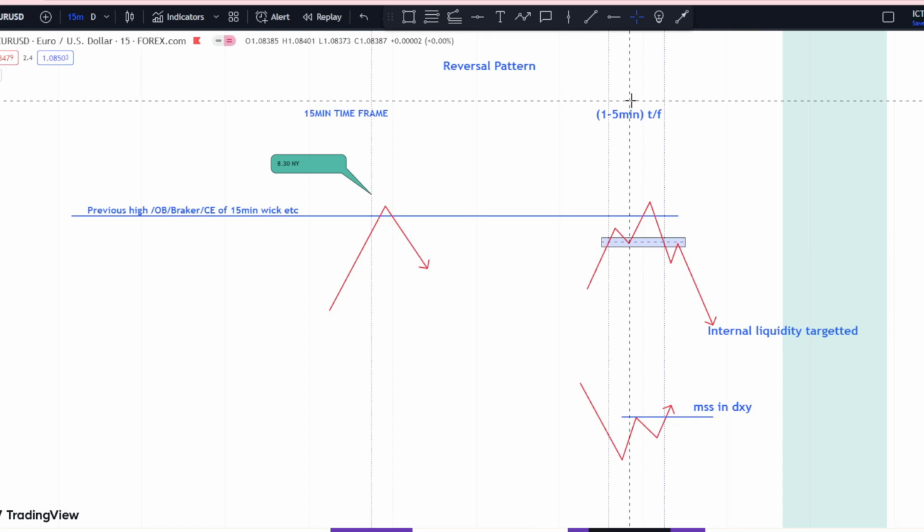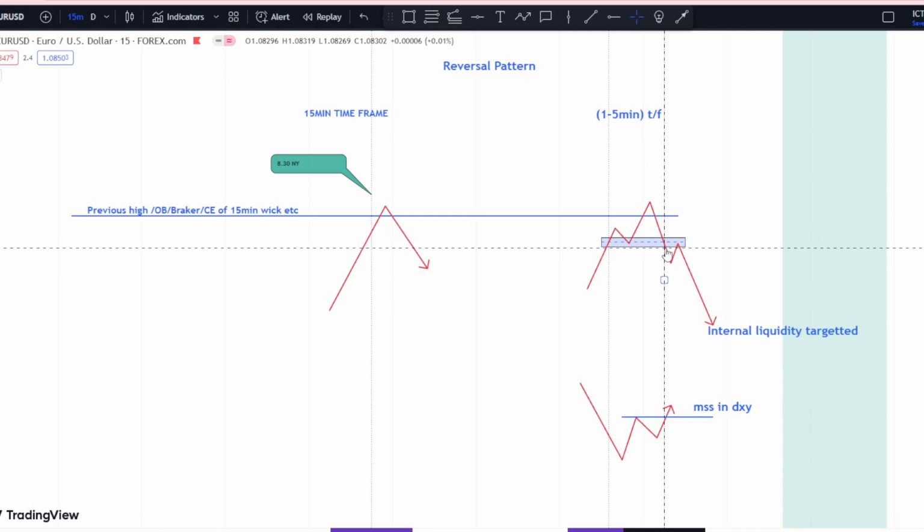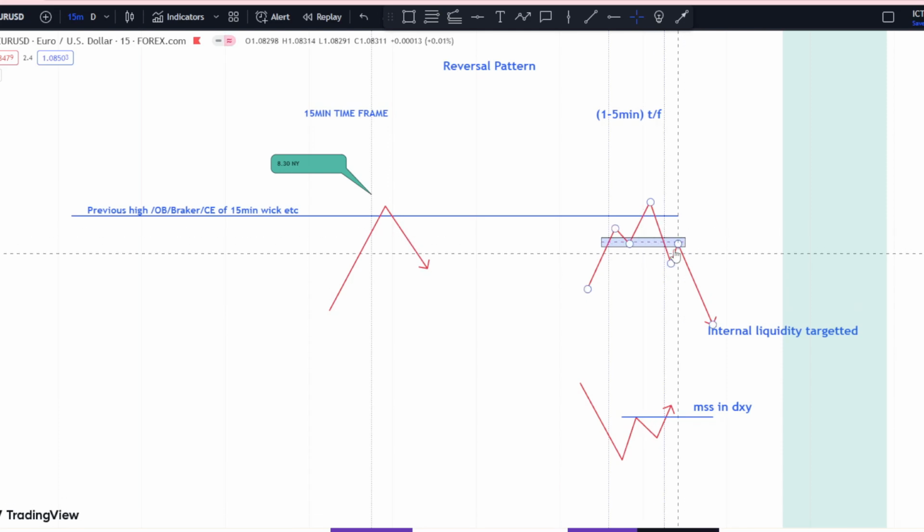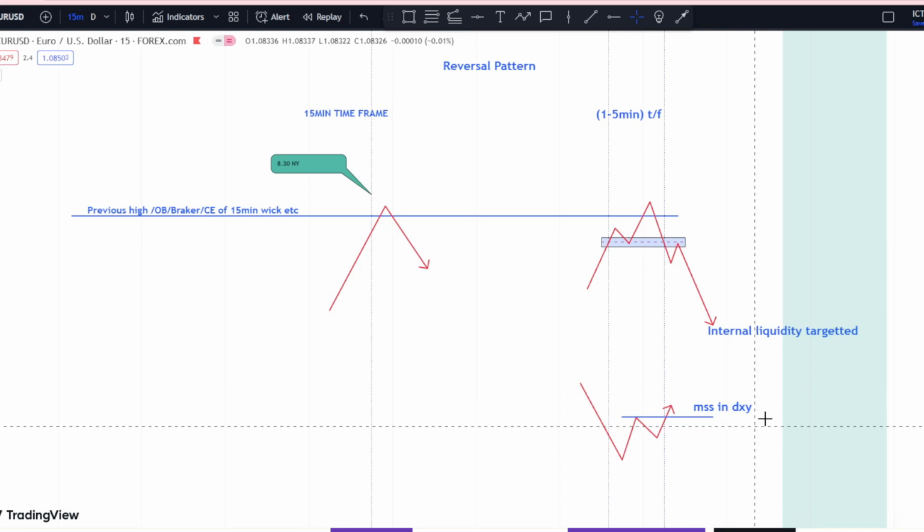First, I wait for a market structure shift to take place in the lower time frame. Simultaneously, a full body candle must pass through and close beyond the previously used fair value gap. If both of these conditions are met, then I move to the next confirmation, that is the DXY chart.